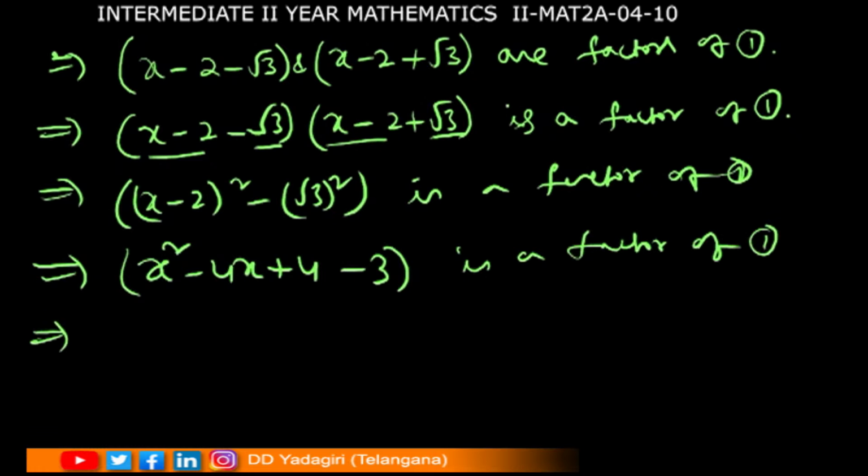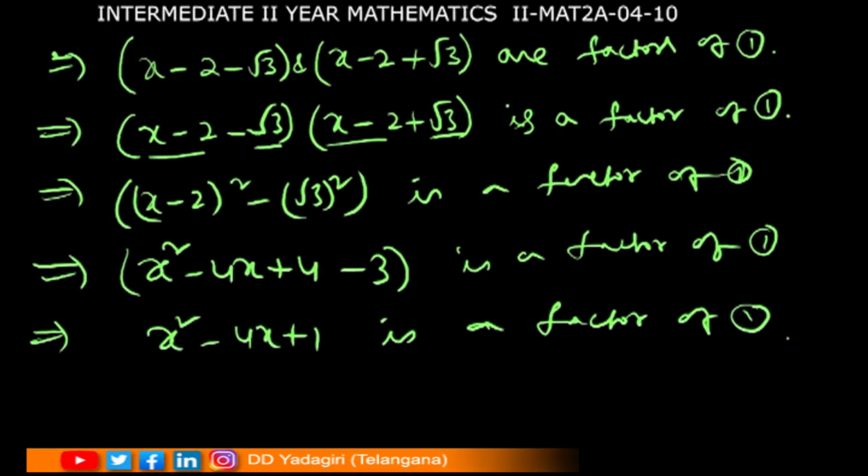This implies x square minus 4x plus 1 is a factor of f(x). So f(x) can be written as x power 4 minus 6x cube plus 11x square minus 10x plus 2 is equal to 0.